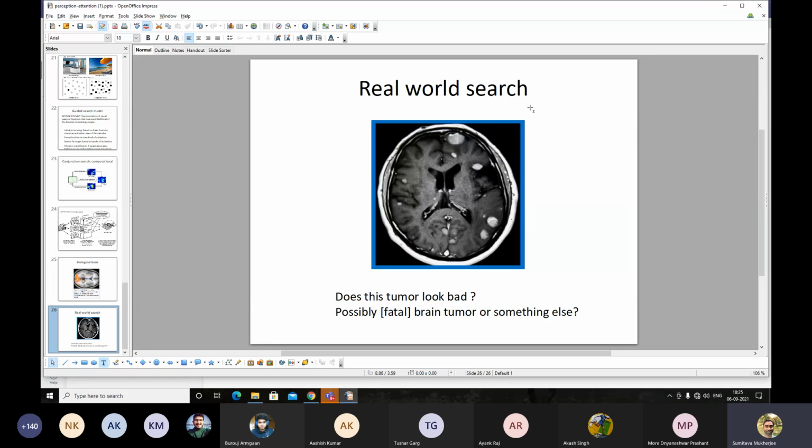And now there's a lot of AI work that's happening in the area of medical AI, especially in image processing, where they are trying to automate these kinds of things, as you might very well know, using neural networks.